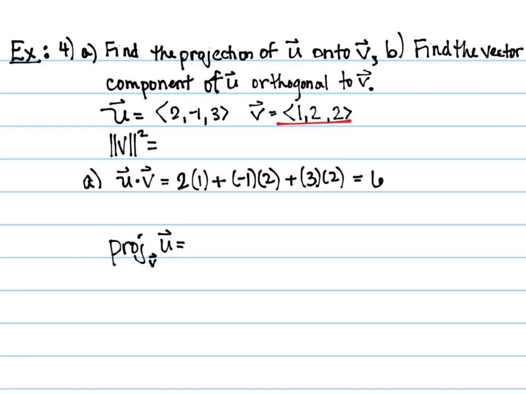I would have each of the vector components squared. So I have 1 squared plus 2 squared plus 2 squared, which gives me 9.